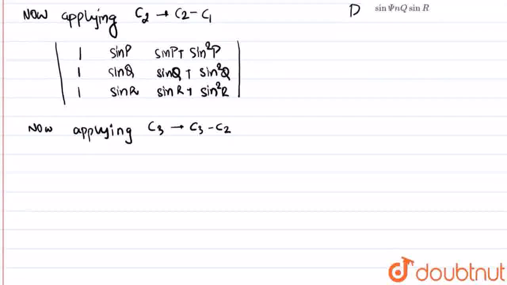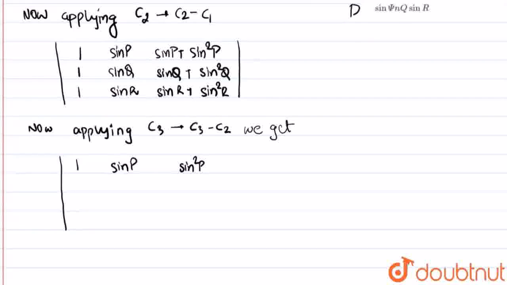So the resultant determinant that we get is 1, sin P, sin square P. Similarly, from the second row we get 1, sin Q, sin square Q, and 1, sin R and sin square R.